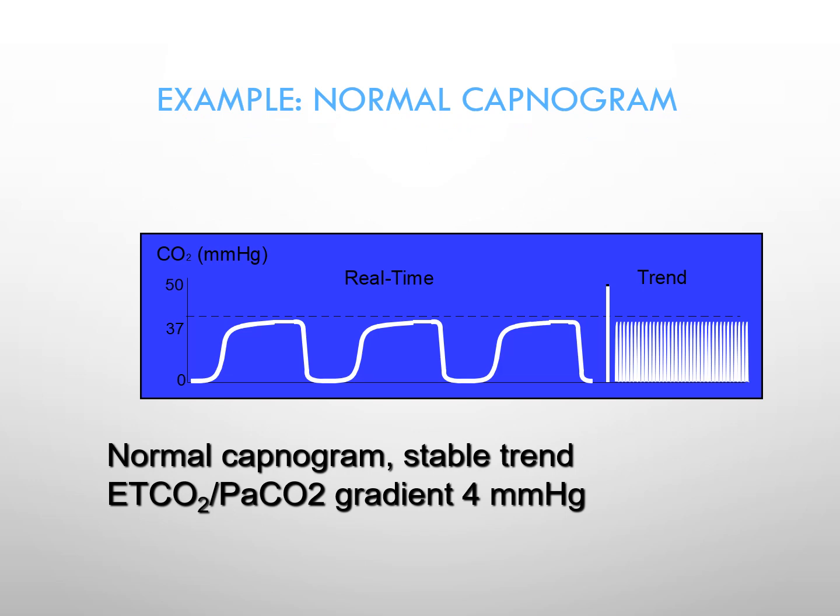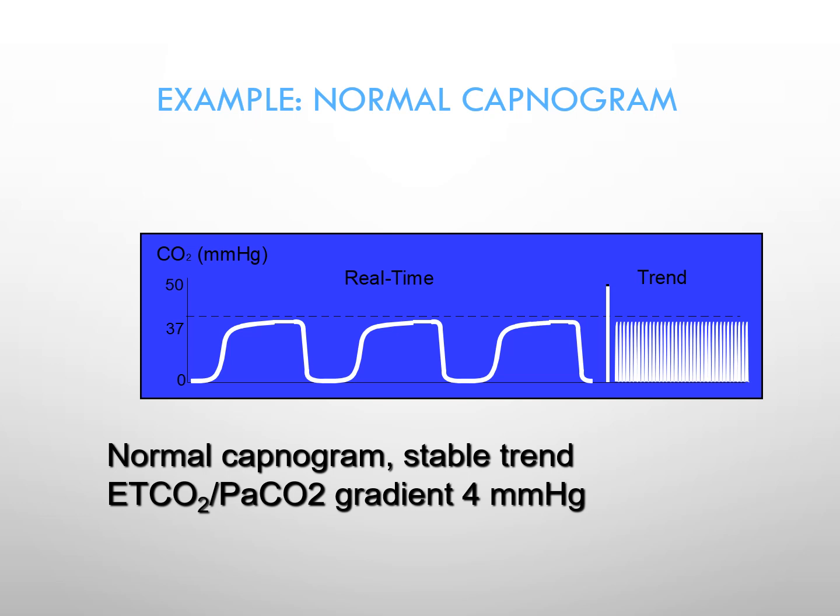So this is a normal value, at least as far as the number on the capnometry. In this case, it looks like the waveform is peaking somewhere in the upper 30s, 37, 38. There is a pseudo plateau.